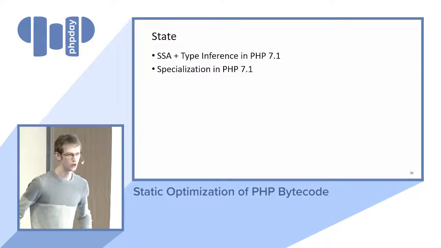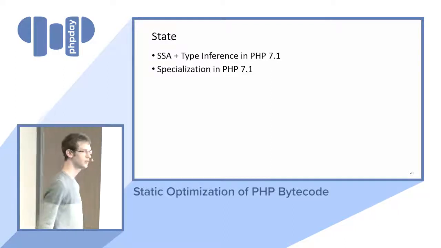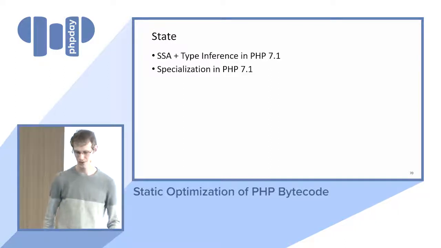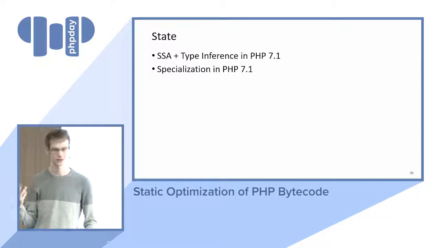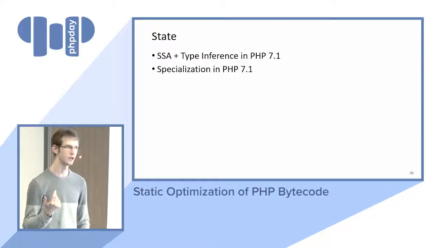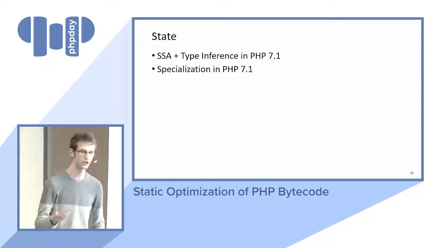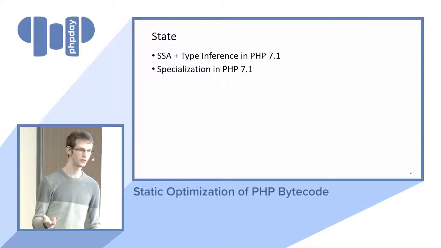Okay, so what is the state here? Even though it does not work very well on applications, it does work to some degree on this kind of computational code. Parts of this are part of PHP 7.1, in particular the basic framework, so the SSA implementation and the type inference.